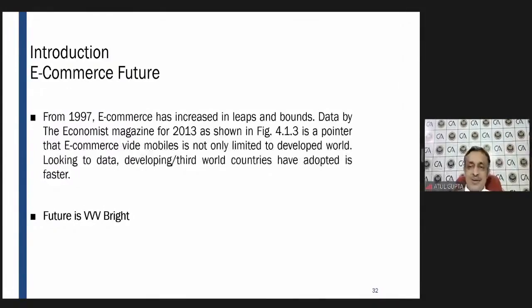E-commerce future. Before we go to the next slide, I've been talking about this whole concept of M-commerce. Our topic is also mobile commerce.